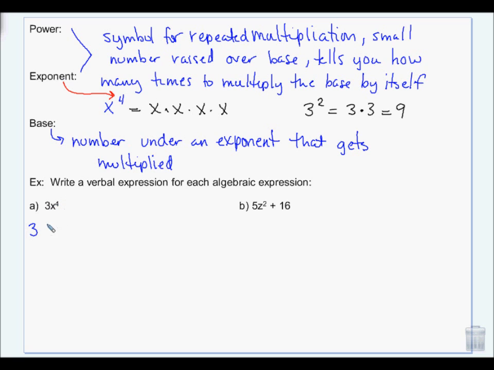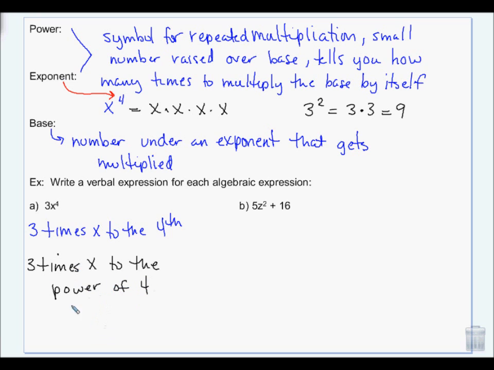I can write this as 3 times x to the fourth, or I could say 3 times x to the power of 4. Okay, so we can call this x to the fourth, we can call this x to the power of 4.